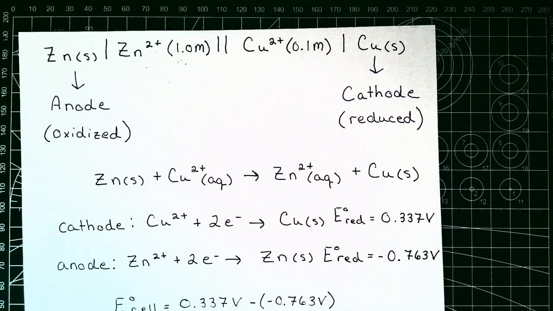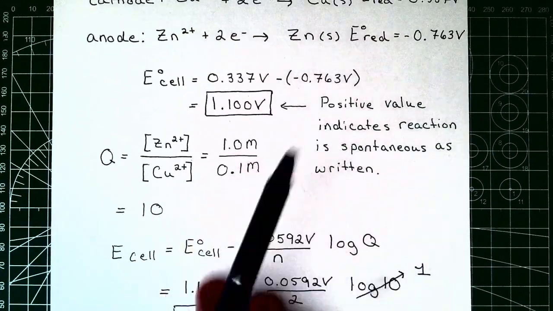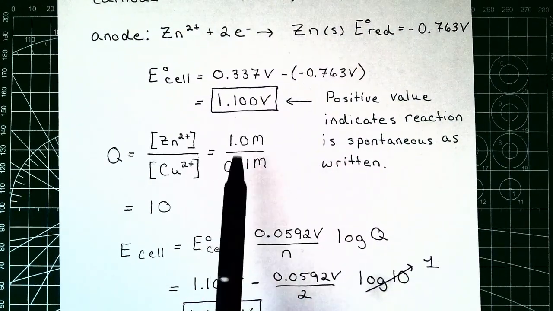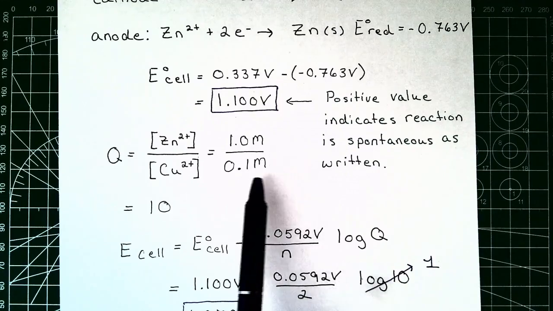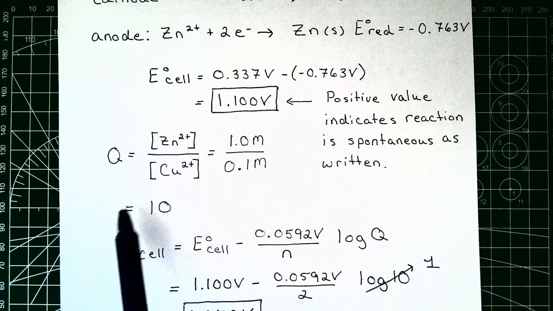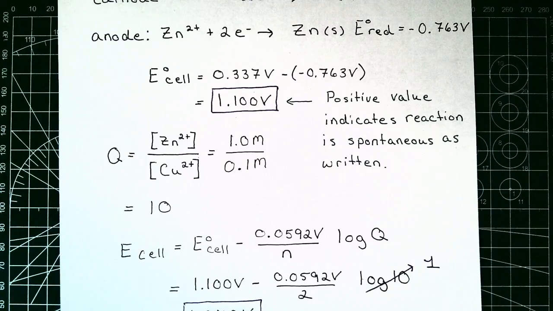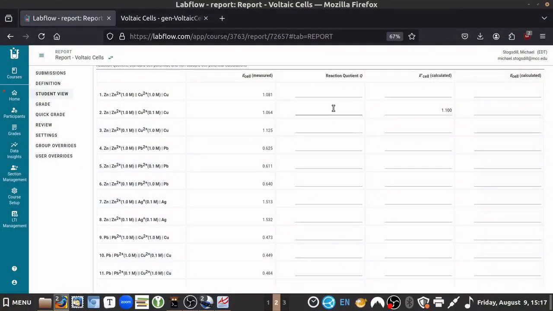Okay, so we're going to plug in 0.1 for copper and 1 molar for zinc. We plug in those values to get 1 over 0.1. The molarity unit is going to cancel, and we get a unitless quantity of 10. We would enter that right in here, and we would get 10.